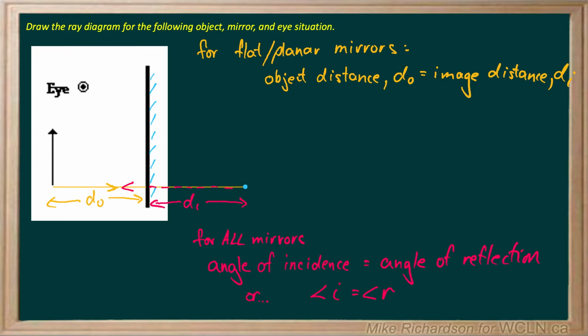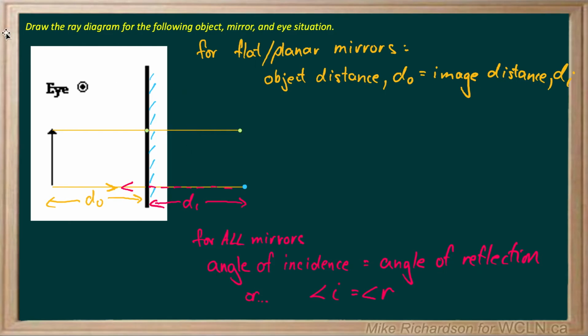So if I grab the top and do the same thing, take a straight ray from the tip of that arrow and strike the mirror, it's going to have an image exactly the same distance on the other side of the mirror. So again, DO equals DI, and my image will appear to, when it bounces off, come along from this line here. So that will be where the top of the arrow is.